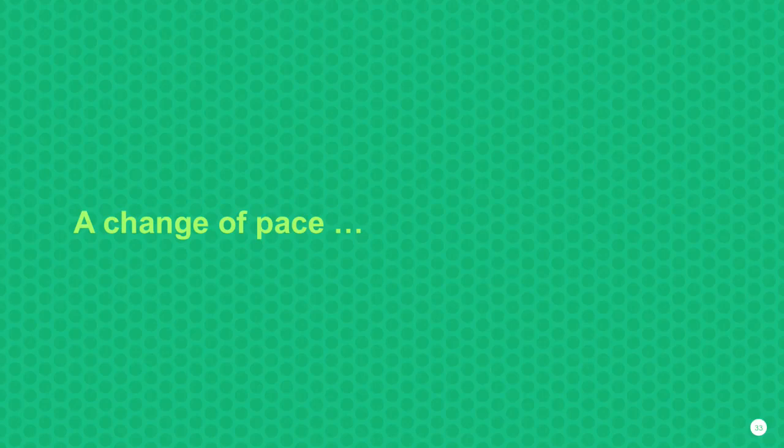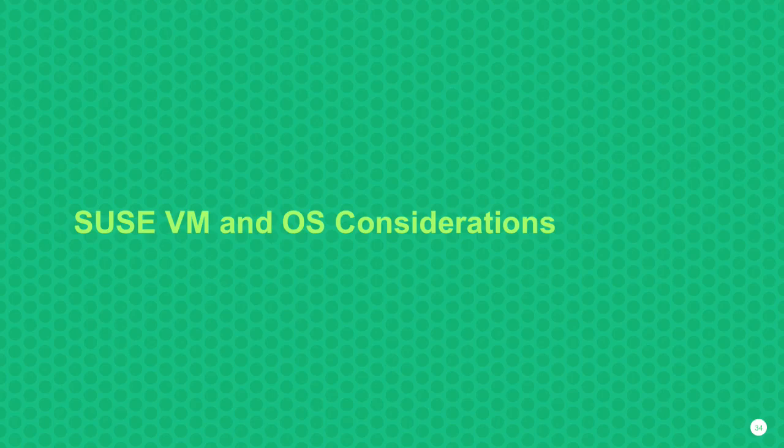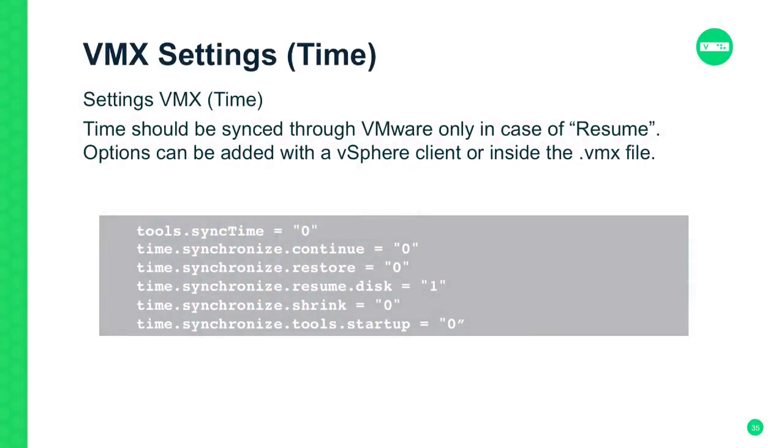So let's talk about other parts of the configuration, best practices and tips that must be taken into consideration about the operating system virtualized on VMware for HANA. First of all, there are some settings in the VMX file that must be configured. For example, the time should be synced through VMware only in case of resume. This option can be added with the vSphere client or inside the .vmx file.